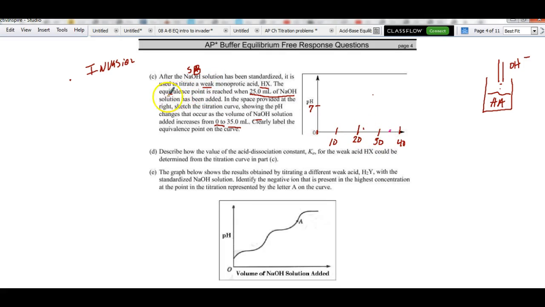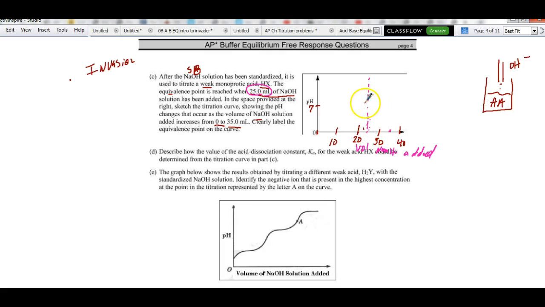The equivalence point occurs at 25 milliliters. So this is volume of NaOH added. And at 25, that's right here. Now I'm just going to dot this line.